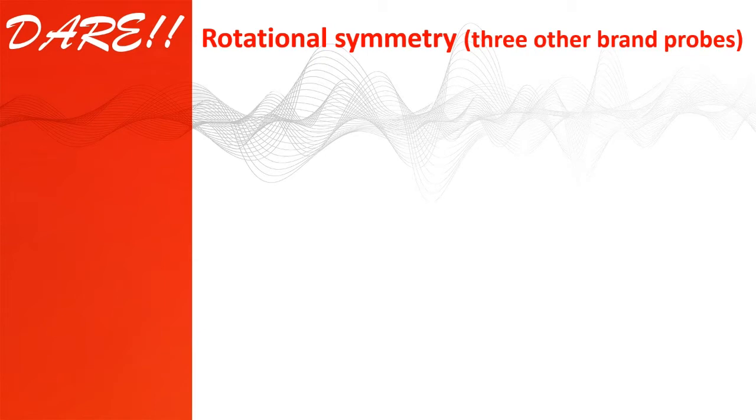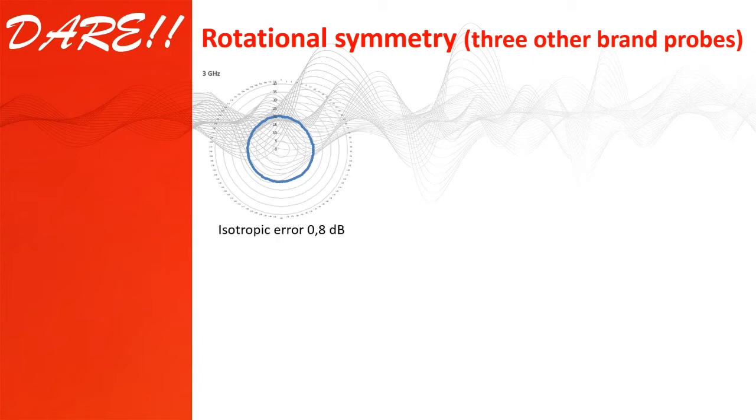We've performed a number of measurements with 3 different manufacturers at the same spot frequencies. So here is manufacturer A, where you can see at 3 gigahertz, it's pretty good. It's also quite circular, so this is good. But if you look at 6 gigahertz, you will already see some more deviation of the isotropic performance, certainly in between the axes.